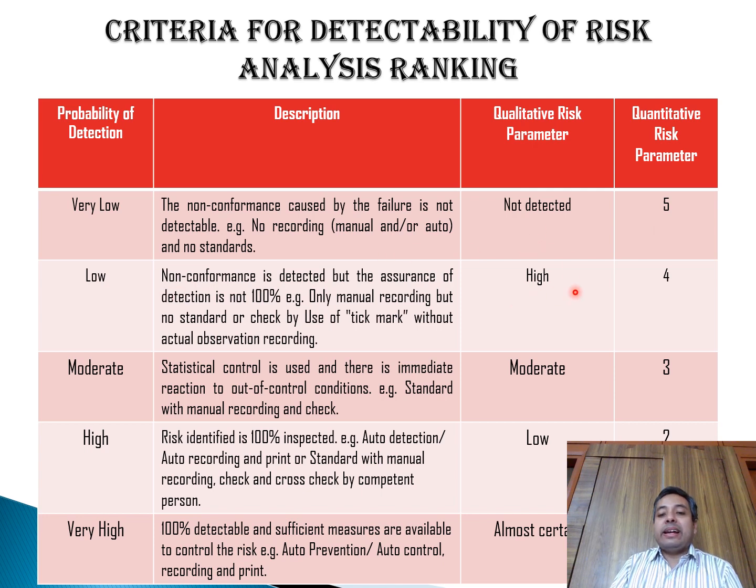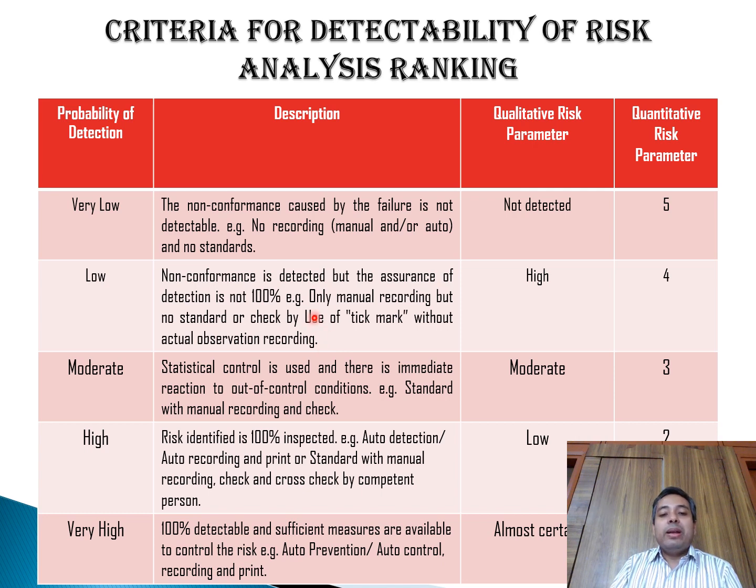The second category was categorized as high, as the non-conformance is detected but the assurance of detection is not 100%. For example, only manual recording, but no standard or check available, by the use of tick marks without actual observation recording.